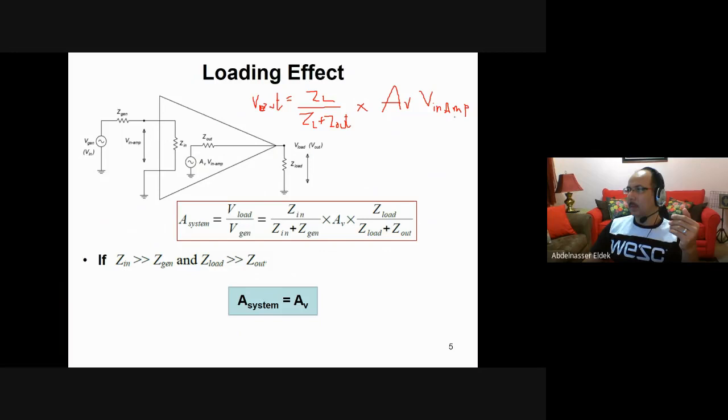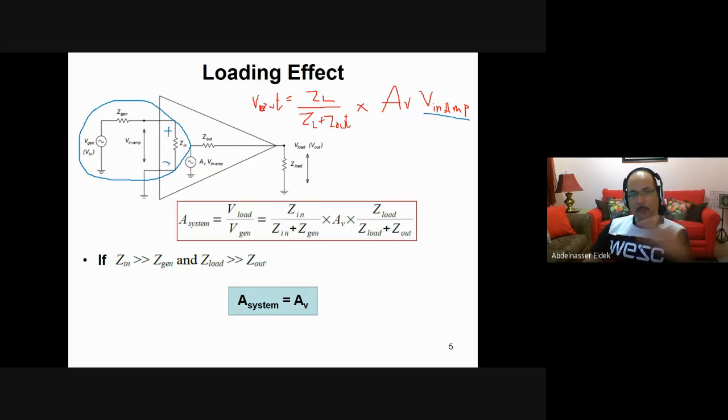Then after that, we look at VN amplifier. What is VN amplifier? It is the voltage in this part of the circuit, the output voltage of the source here. This is the voltage across Zn.